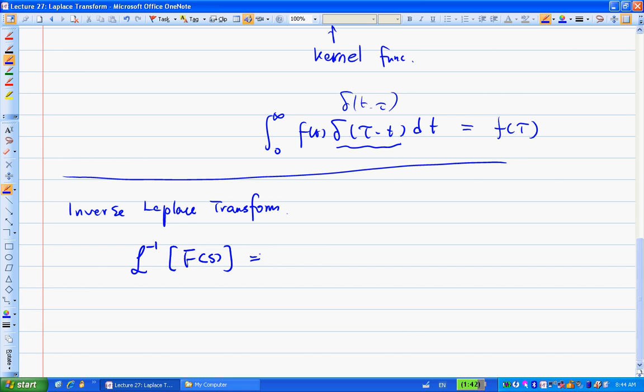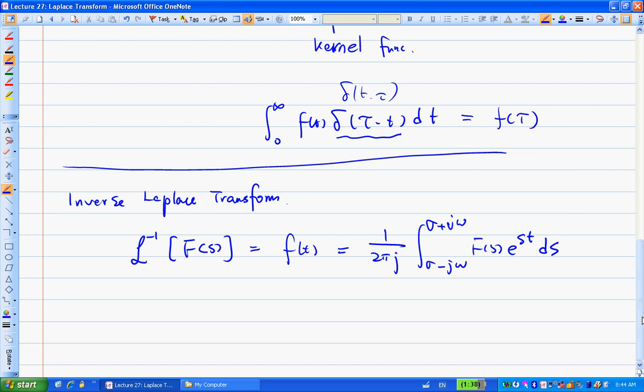It gives you back the time function f. The formula for the inverse Laplace is 1 over 2 pi j, integral from sigma minus j omega to sigma plus j omega, of F of s, e to the st, ds. So this is definitely a new thing that we have come across so far, right?